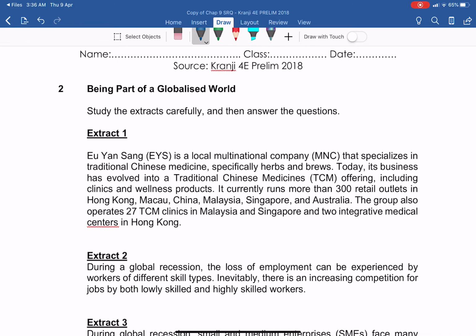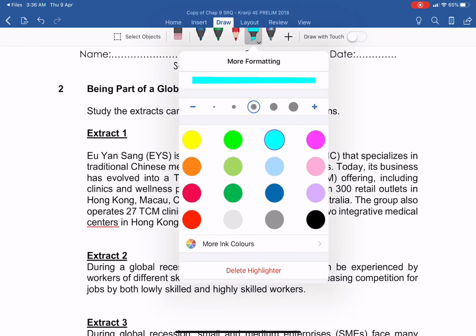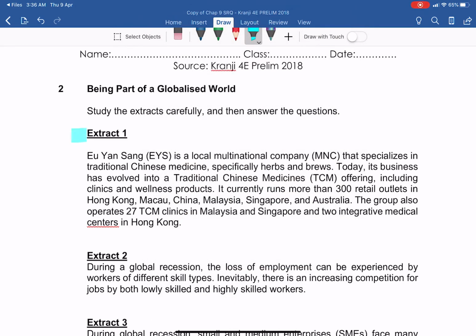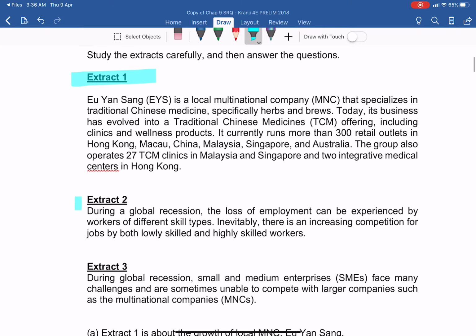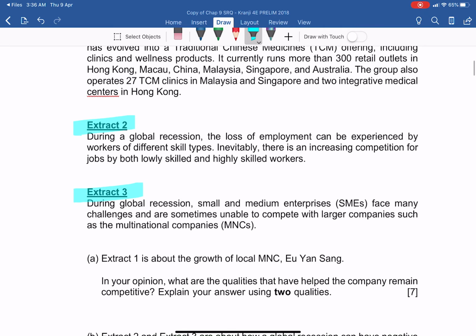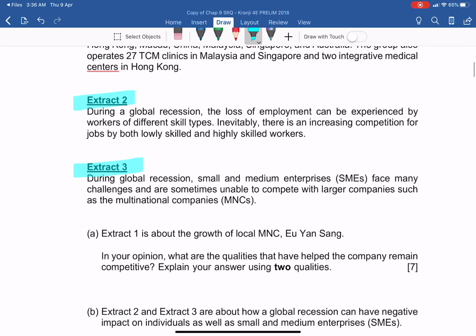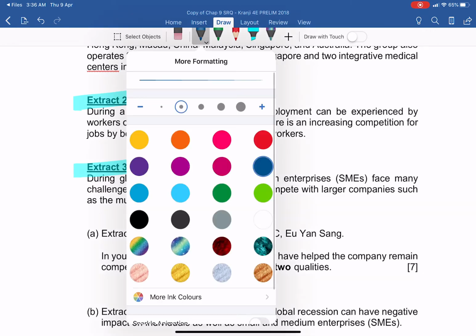Now remember, when we do SRQ, there are a few parts. There is your extract 1, and you have extract 2 and extract 3. Now extract 1 is always the question that perhaps you can't really study for.